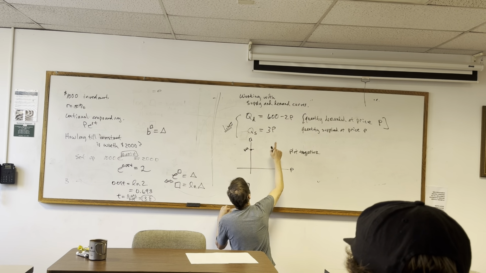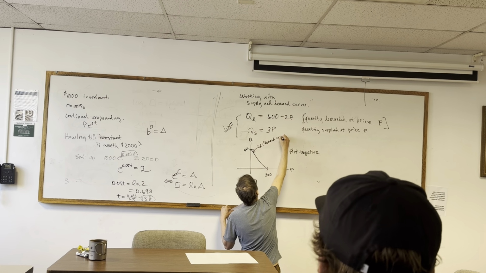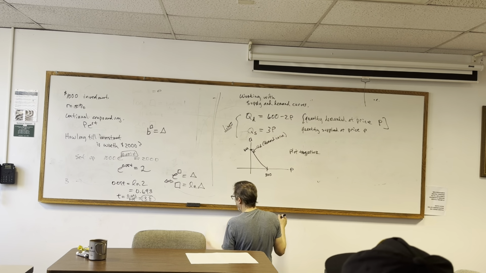And then when the price is 300, the quantity demanded is 0. Nobody wants to pay that price. So this line right here, this is my demand curve. And we call it a curve loosely. It will be a curve eventually.